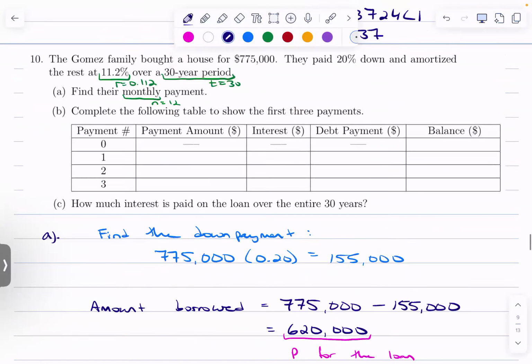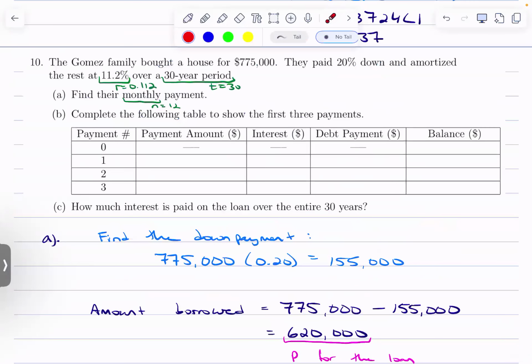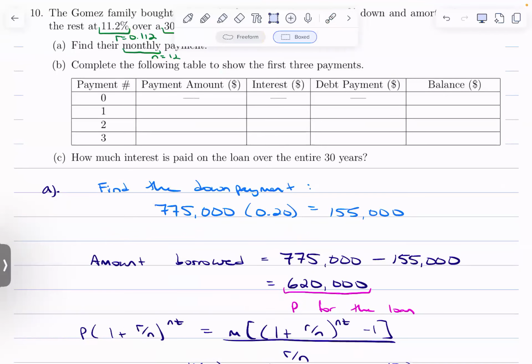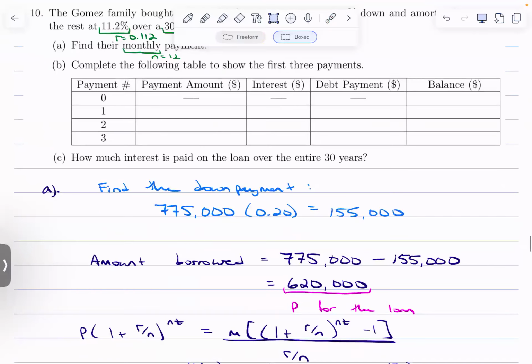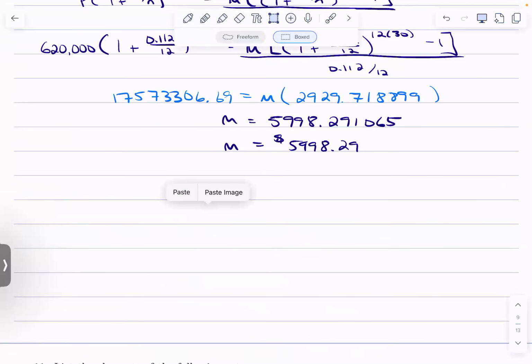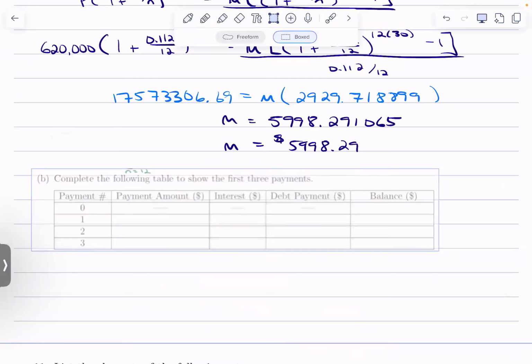So that's part A. That's also going to be the same entry for all these payment amounts, right? So that's kind of boring, but easy, right? And so let's see here. I'm just going to copy this down, paste it.